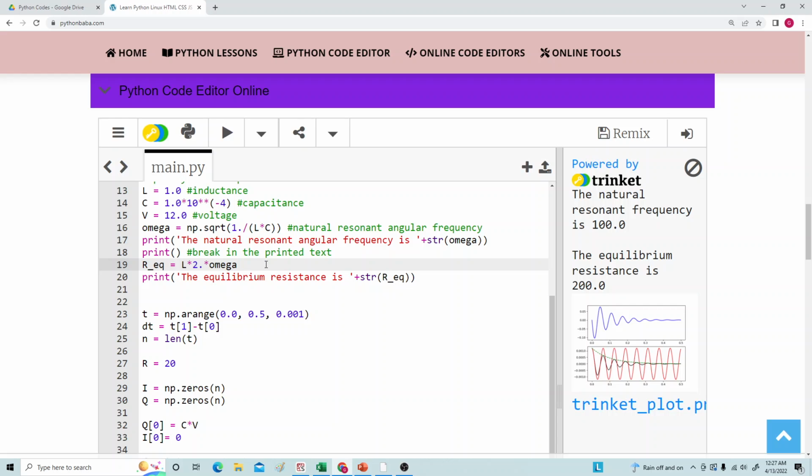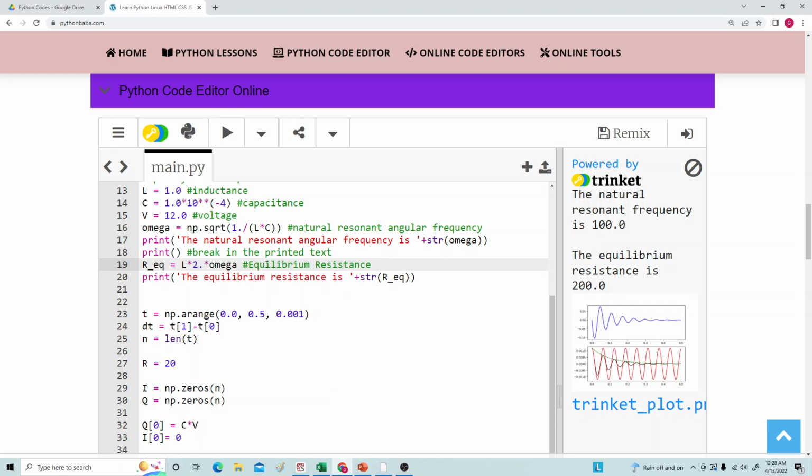So the equilibrium resistance, and so L over 2 times omega.